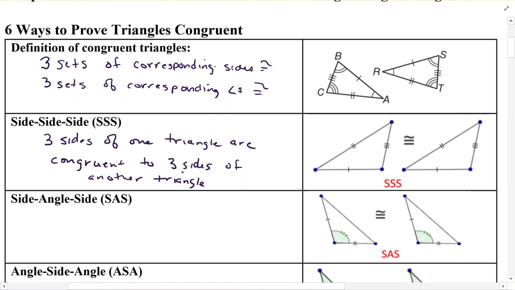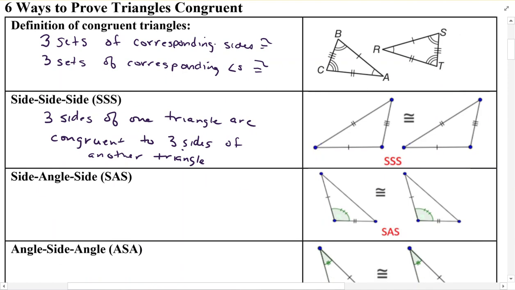And that's called side, side, side. The next one is to do side, angle, side, and we have to be particular in this one. It's not any angle. It has to be the angle that's included between the two sides that are congruent. So two sides and the included angle.